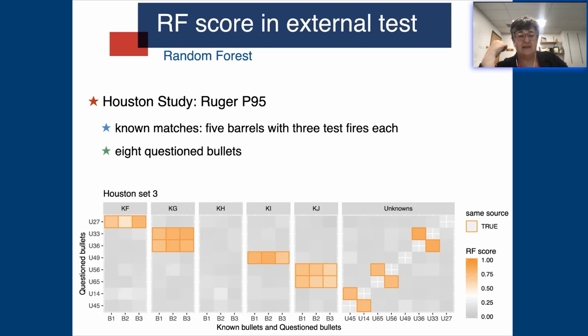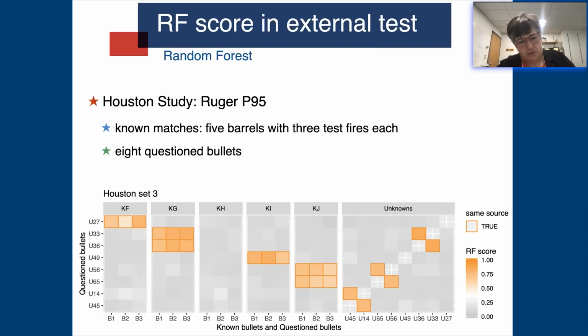So what we see is that ground truth supports what our algorithm would have told us in terms of identifications or not. So even though the algorithm was only trained on Ruger P85s, this serves as some indication, not as a final proof, that we might be able to use this random forest to go beyond just the Ruger P85s.